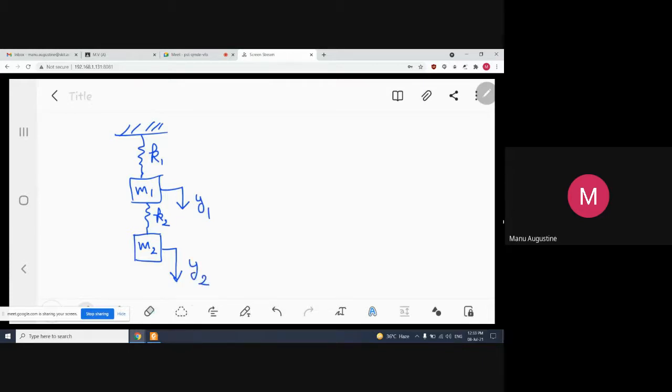So in my answer to the question of what is the difference between degrees of freedom and generalized coordinates, degrees of freedom, or in short DOF, in this case is equal to 2. The answer is simply a number. How many degrees of freedom does the system have? It has 2 degrees of freedom. That's it. No mention of y1 and y2, whether the degrees of freedom are in the vertical direction, horizontal direction, are they rotational coordinates, nothing.